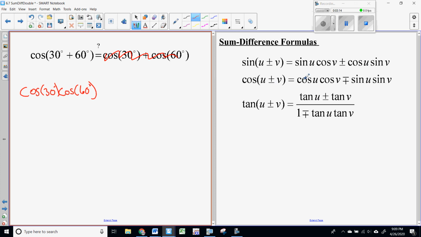It's plus, so it switches, and I get minus sine of 30 sine of 60. Oops, excuse me, that should be sine also.